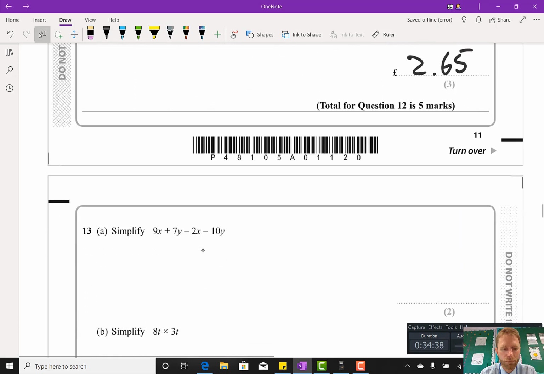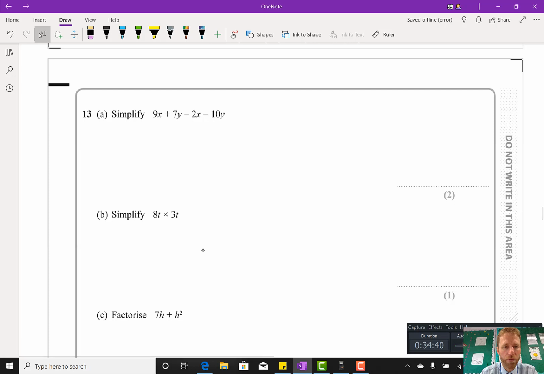Question 13. Simplify 9x plus 7y minus 2x minus 10y. So, doing this in class today, simplifying terms, we're going to put the like terms together. So we have x's, and we have plus 7y minus 2x minus 10y and that is plus 9x.